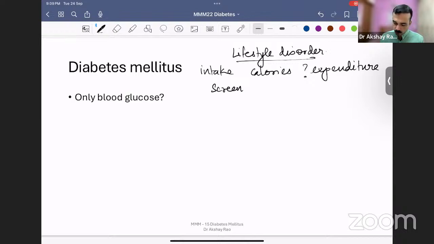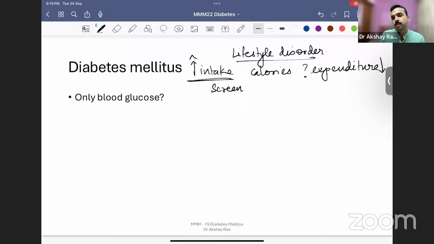It is healthy. If your intake is more, which tends to happen these days, calorie rich food, high sugar, high oil, everything is fried, and so easy to order from outside. So intake of calories has gone up, expenditure has gone down. So the body is filled with calories. What does the body do?